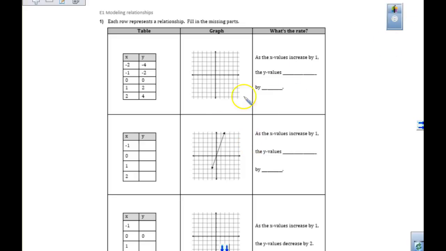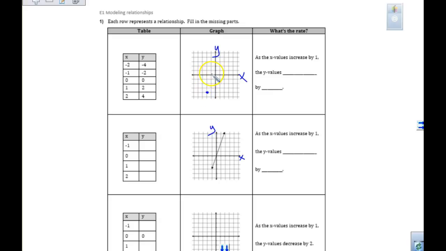You're plotting the point -2, -4. Okay. So -2, -4, plot. Some of you are using your pen at all and putting these on. -1, -2. So you're going to go to -2, and you're going to label your y up here and your x. So you're going to go to -2, -4.